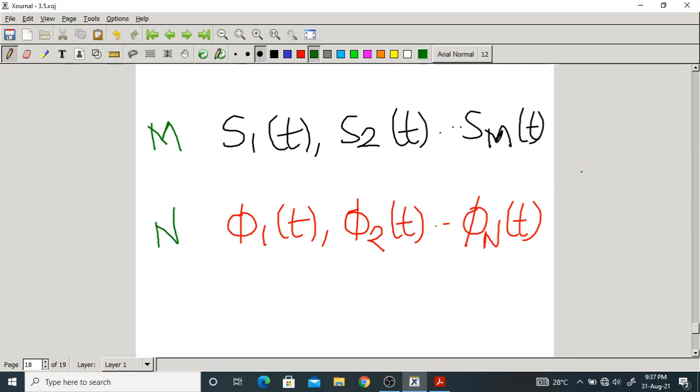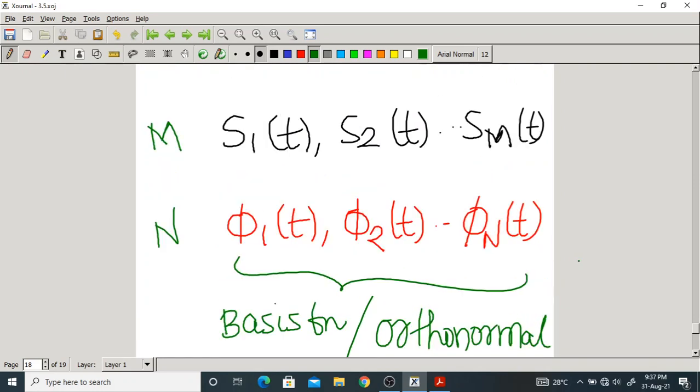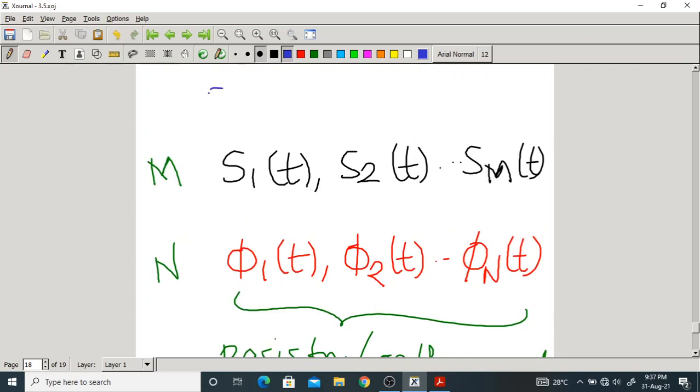What are they called? Basis functions. How are they? They are orthonormal. So all these S1 of t, S2 of t, Sm of t have been represented as a linear combination of these n basis functions with the coefficients of expansion Sij. That is very clear.